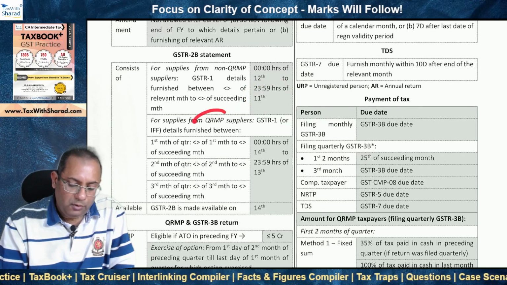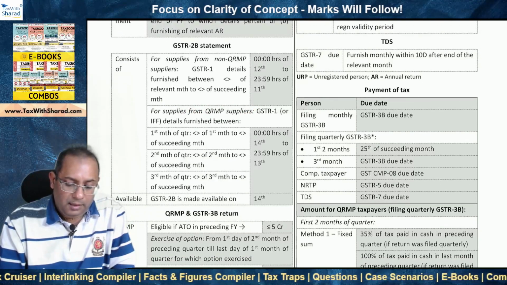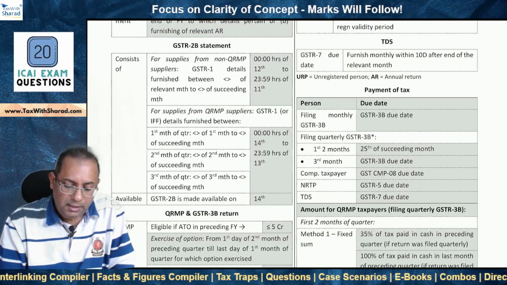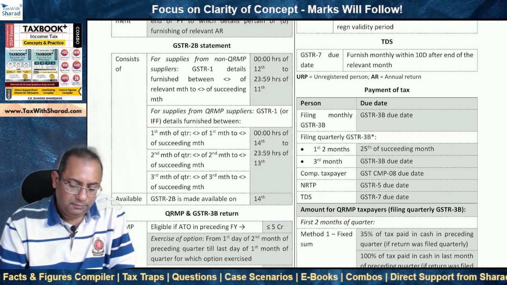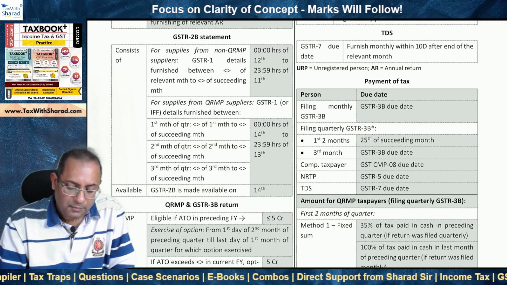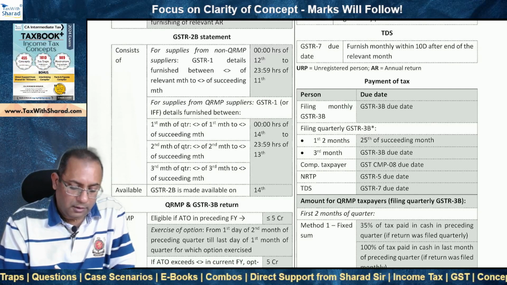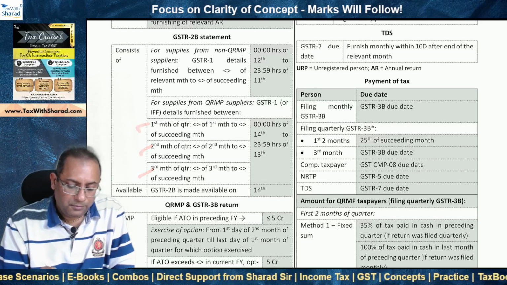In case of supplies from QRMP suppliers, quarterly GSTR1, it consists of GSTR1 or IFF details furnished between dates that depend on the first month of the quarter, second month of the quarter, third month of the quarter.